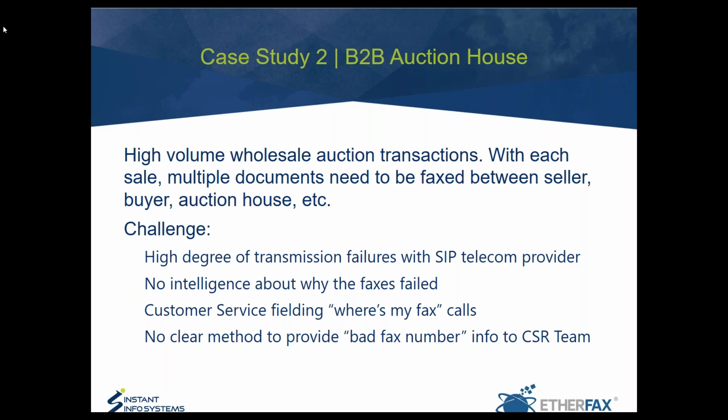The challenge is, SIP is great. We love SIP, and it's a great product for voice. I'm sure every organization has some form of SIP for voice. But when it comes to fax, SIP is a very challenging technology to work with. We do have customers that work with SIP, but they have large teams of voice engineers who monitor and set up SIP so that it's perfect for their environment.